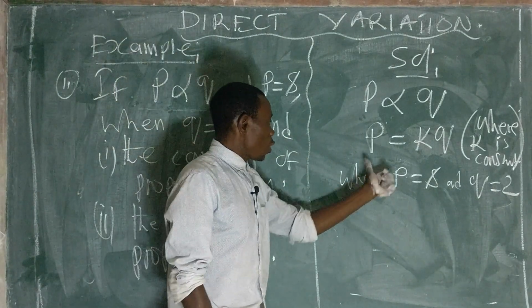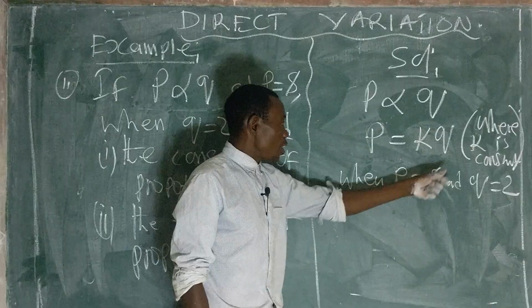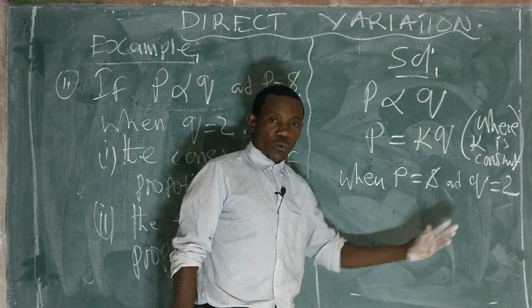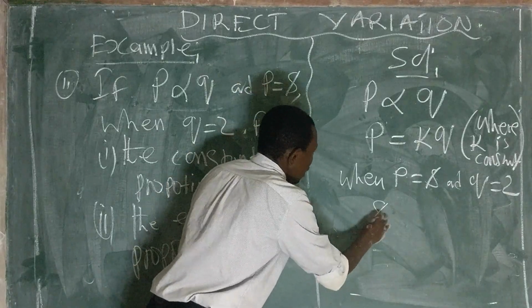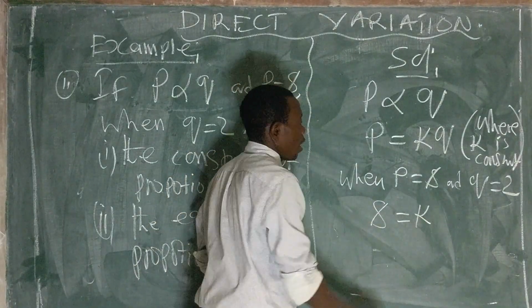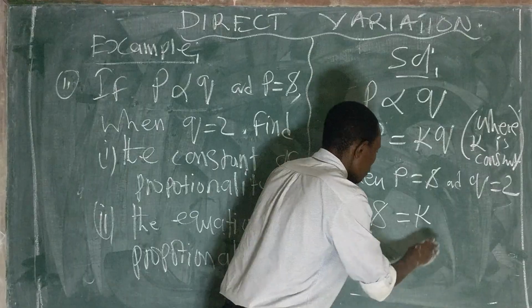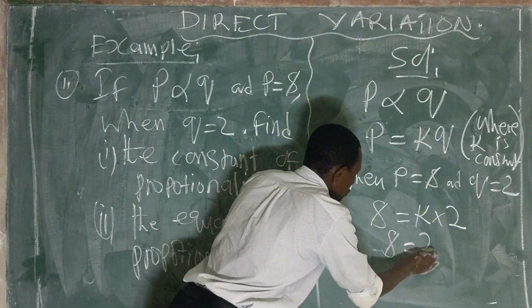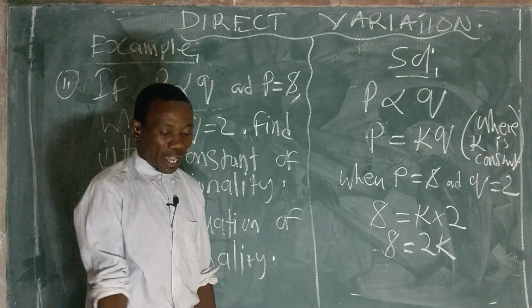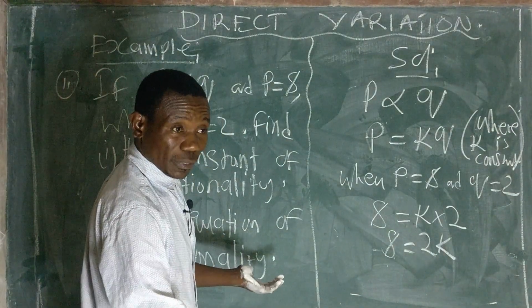So what you do, where this P substitute for 8 and where this Q substitute for 2. So what are we going to have? It means for P, I'll write 8, which is equal to K multiplied by 2. So you have here 8 is equal to 2K, like that. So that's what we do.